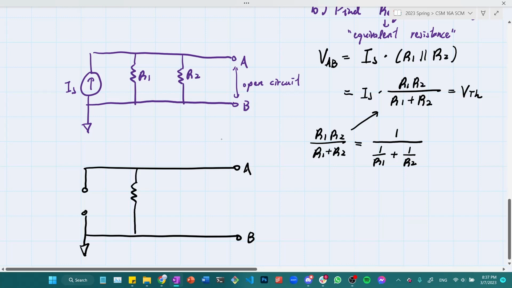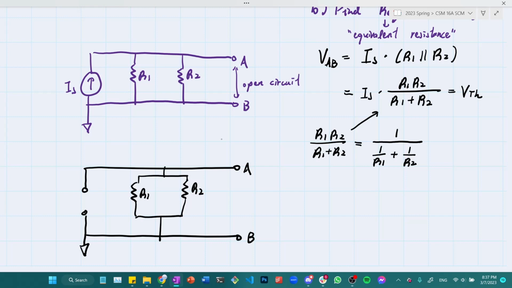Resistors stay the same. So the equivalent resistance between A and B is then still the parallel between R1 and R2. So RTH is equal to R1 parallel R2, which is equal to, once again, the expression we have here above.